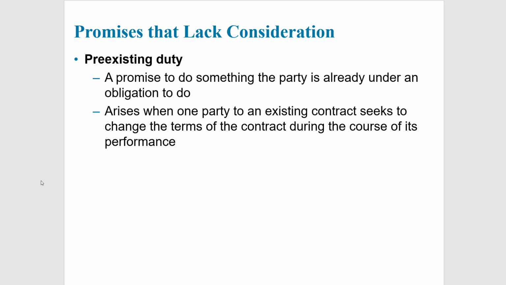That would not be consideration for a new contract, and I would probably get fired. But I already have an existing duty to teach to the highest standard that I can anyways. So that would be a pre-existing duty I have. I can't then take that and try to charge you extra money for it.